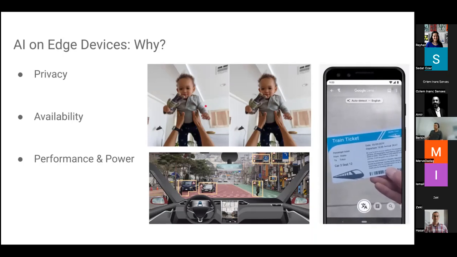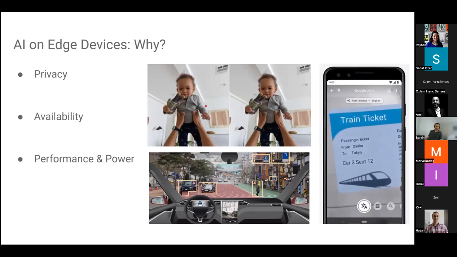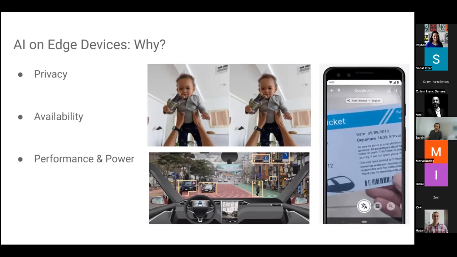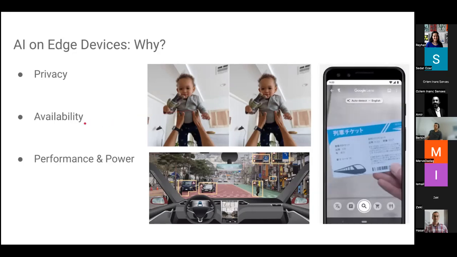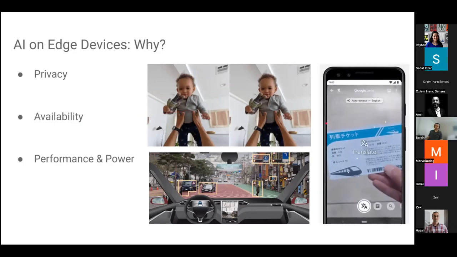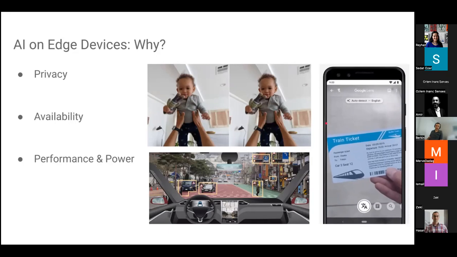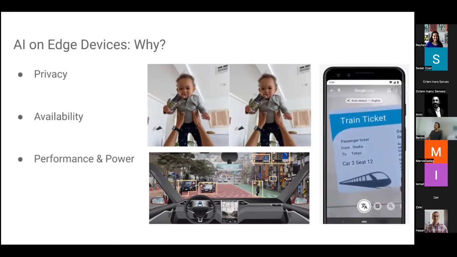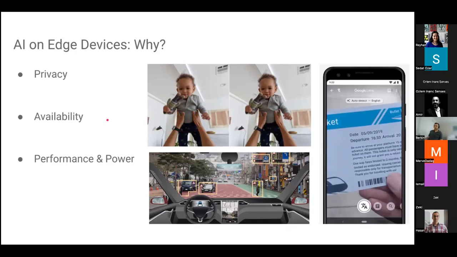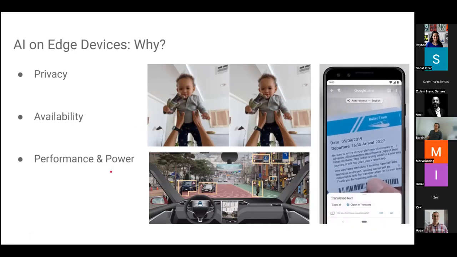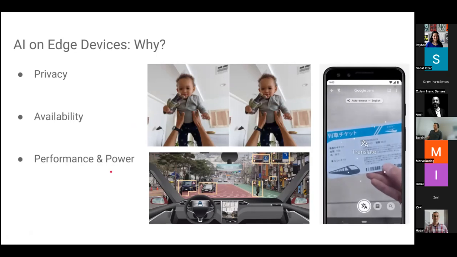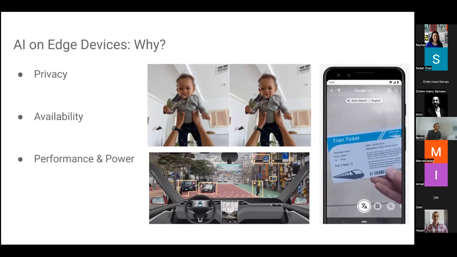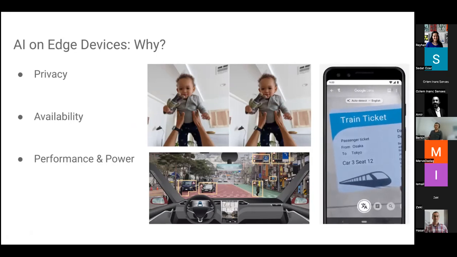You take a picture and you don't want to send that picture to the cloud for processing. You want to keep it local. Or you want it always available. Maybe you don't have a connection and you have to do the processing locally. So availability is another important thing, and the biggest one is obviously performance and power. You want to avoid this costly communication, and you want it to be really fast.